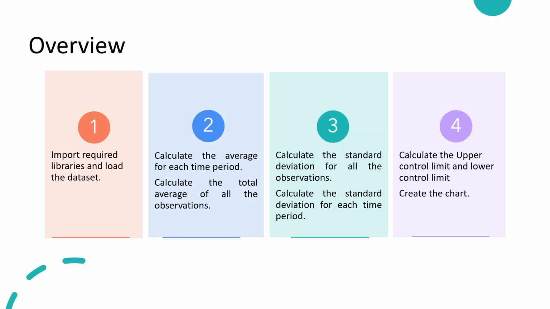Here is a brief overview and the steps that will be taken to approach this problem. So the first step is to import required libraries and load the dataset, and then we calculate the average for each time period and total average of all the observations, calculate the standard deviation for all observations and for each time period, and then we calculate the upper and lower control limits and create the chart.